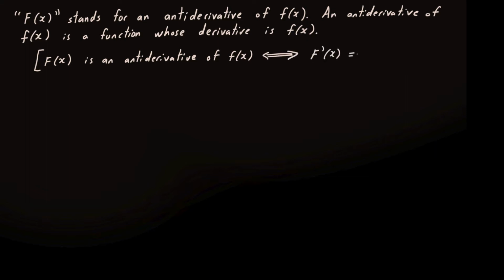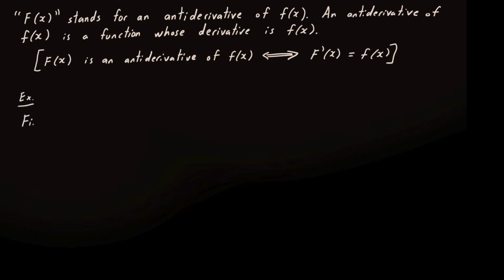We can express the same thing more tersely mathematically by saying capital F is an antiderivative of lowercase f if and only if, that's this double-headed arrow here, capital F prime is equal to lowercase f.